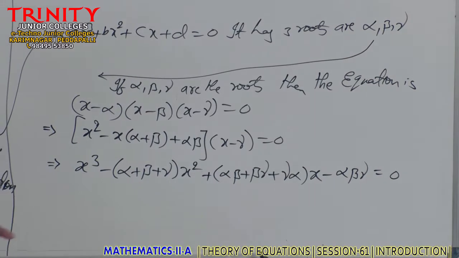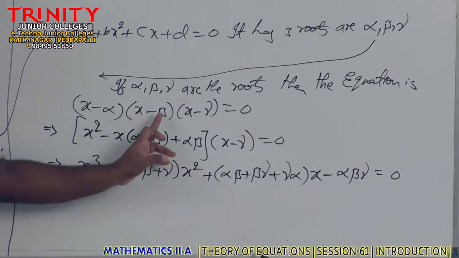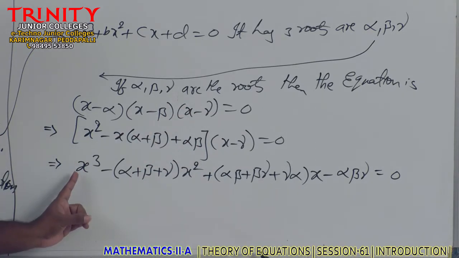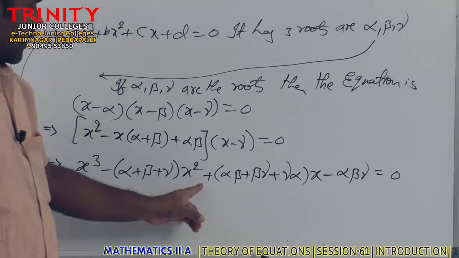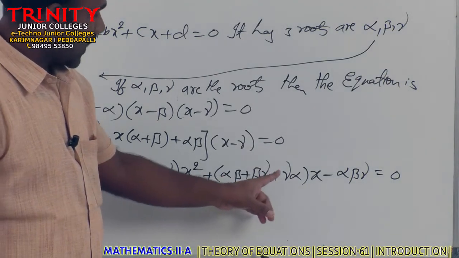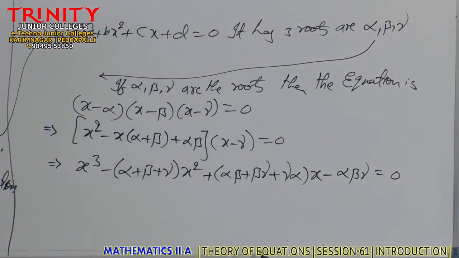This is a cubic equation whose roots are alpha, beta, gamma. We will get the equation x cube minus (alpha plus beta plus gamma) x square plus (alpha beta plus beta gamma plus gamma alpha) x minus alpha beta gamma equal to 0.